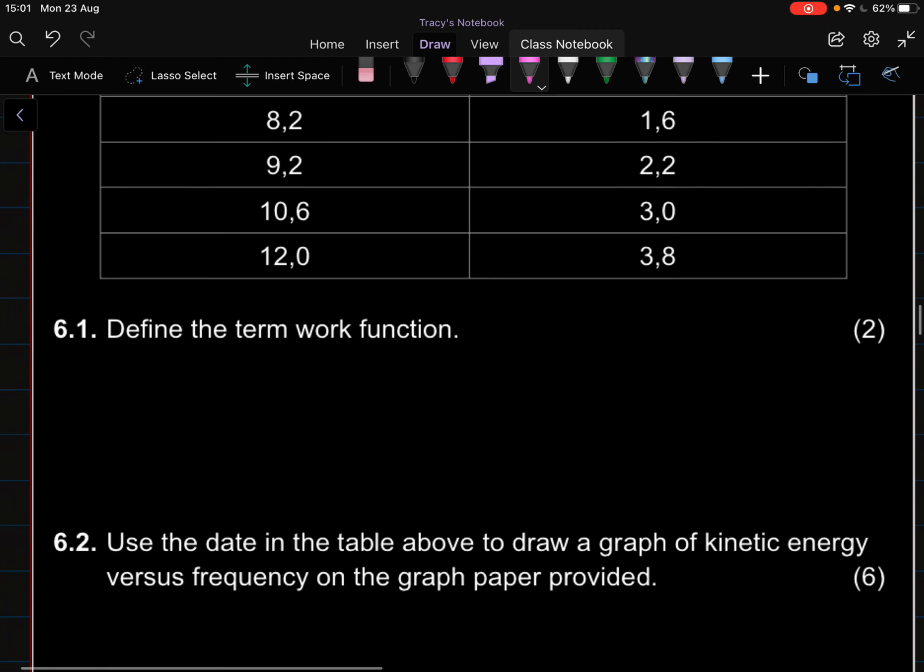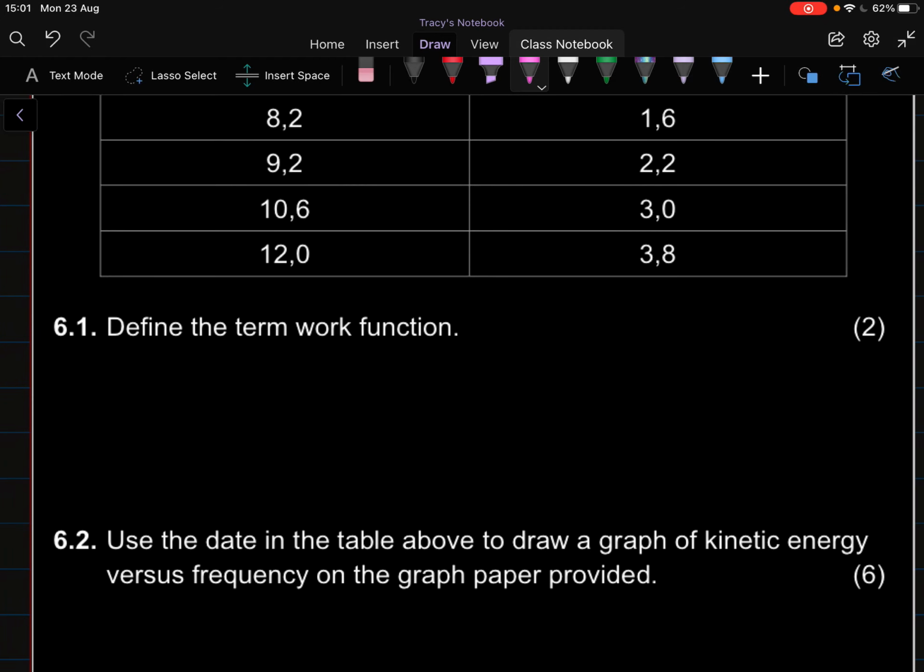Then they say, define the term work function. Well, we've done this already, and by now, if you've done enough of these questions, this is just normal.